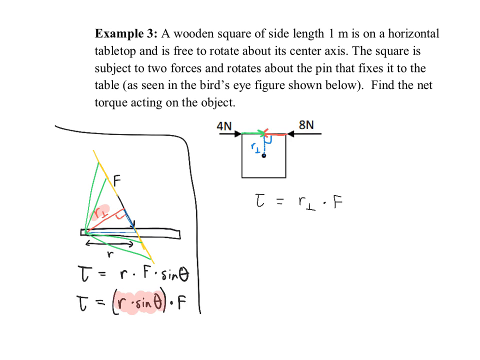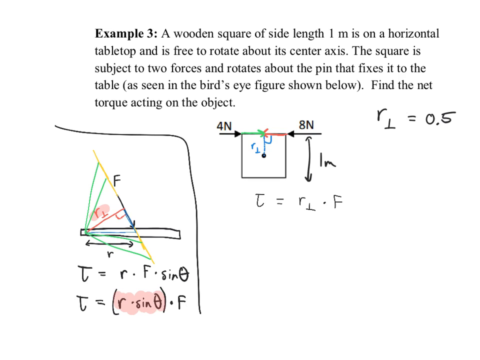Only the dotted blue line will work. So for both of these problems, r perpendicular is simply 0.5. I know that because this full length here is 1 meter, and we were told in the problem that the wooden square has a side length of 1 meter. So the dotted blue line designated as r perpendicular must be 0.5.